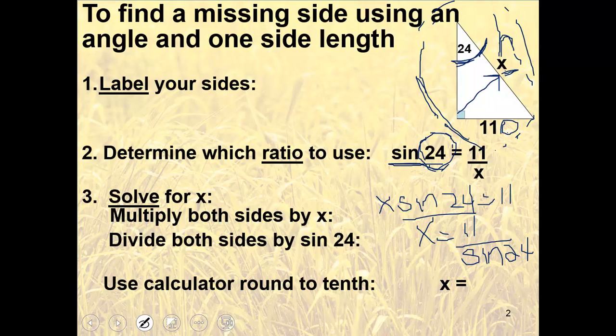You take 11 divided by, then press the sine key, and then 24 degrees. Make sure that your calculator is in degree mode, and then hit enter. You get 27.04, and we're going to round to the tenth, one decimal place. So that is 27.0, or just 27. That's the length of the hypotenuse.